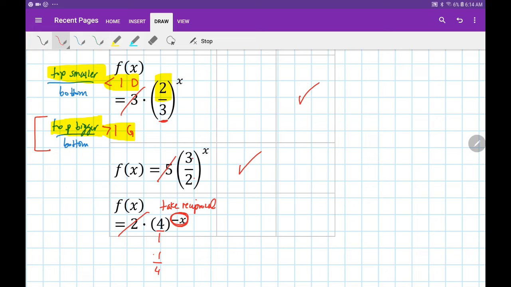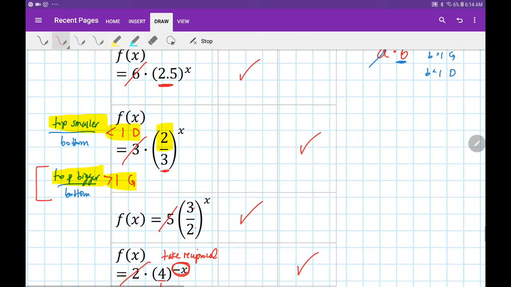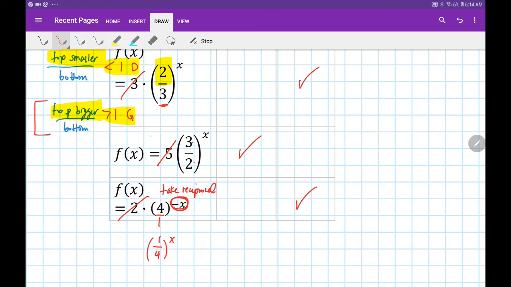It becomes 1 over 4 to the power of x. And notice that 1 over 4 is a fraction. The top is smaller, so this is less than 1. And that would be a decay curve. So that was the important thing. We flipped the base, and this became our new base, 1 over 4, which is 0.25, less than 1.